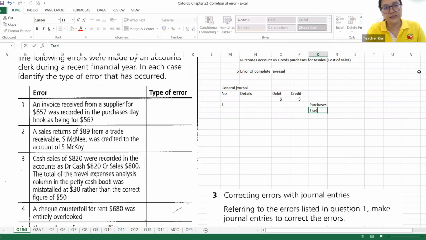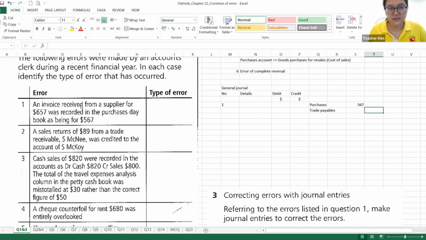The supplier, they didn't give a name, so we put trade payable. If they give a name, then you put the name. In the purchases daybook, we put 567. The amount will transfer to the supplier, also the same, and the purchases account also the same. Both are understated.